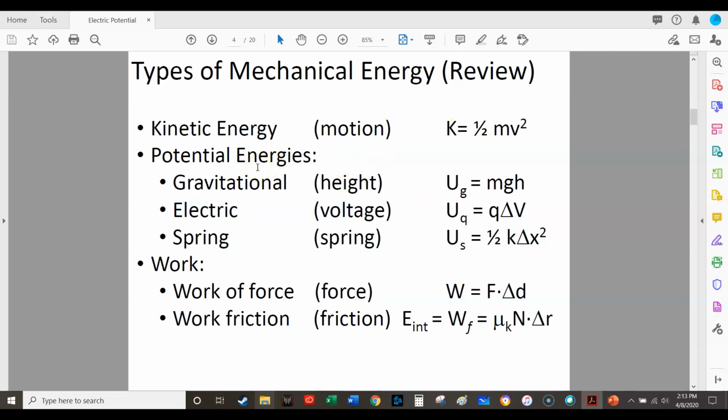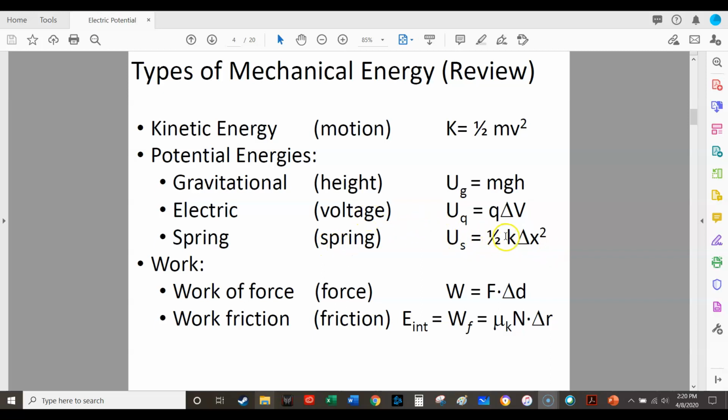Now we have potential energy, the stored energy in a system. There's one type that we learned in 121, which is gravitational potential energy, U sub G, and that's equal to mgh. It's the energy of height. We learned also in 121 that spring energy was another type of stored energy.